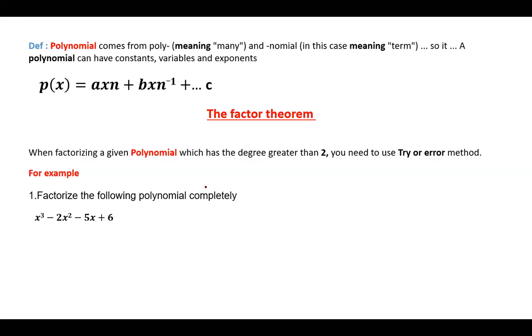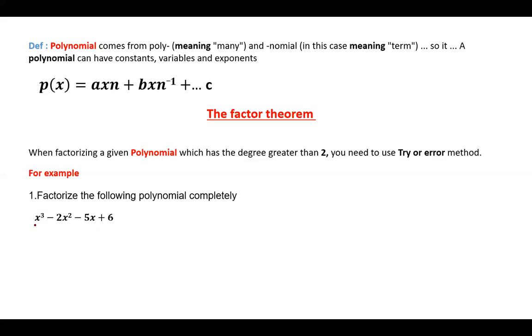First of all, as I said earlier, use the trial and error method. How do you apply that? You start by trying numbers. You see which number, when you replace it where there is x in this expression, is going to give you 0 as the answer. So let us try to put -1.